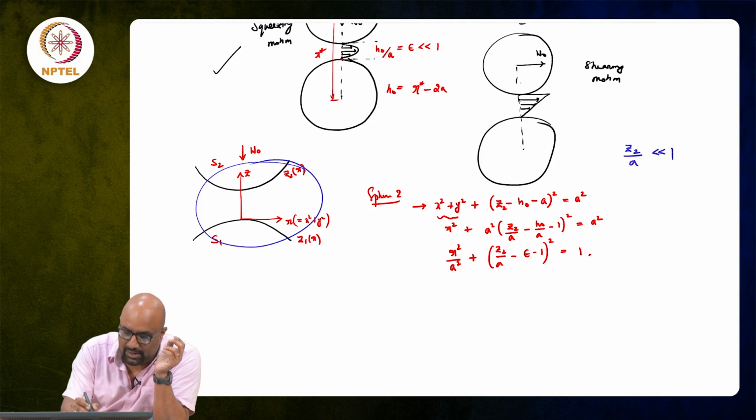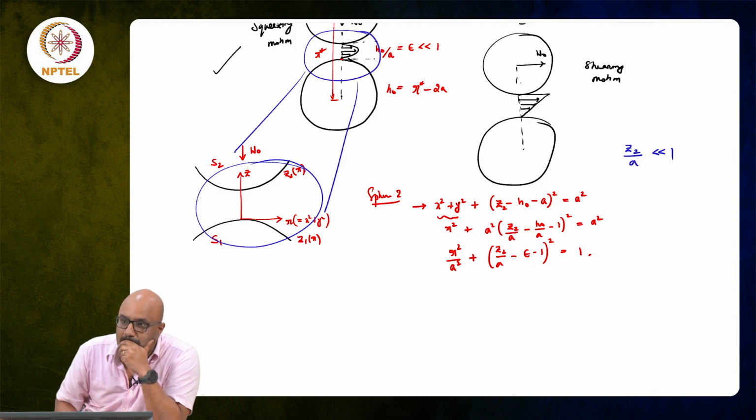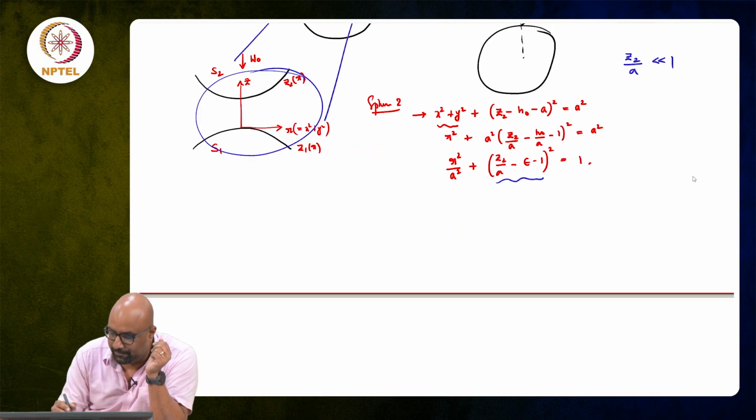So, what I have done here, I am only focusing on this particular region. So, very close to the gap, the Z coordinate of that surface is much smaller than the radius of the sphere, correct.